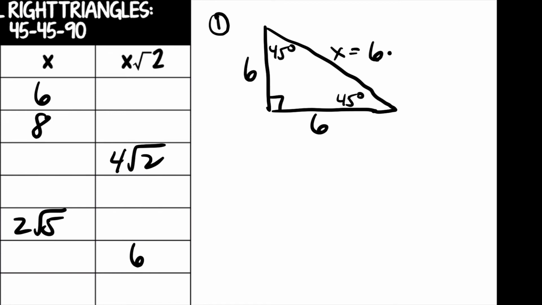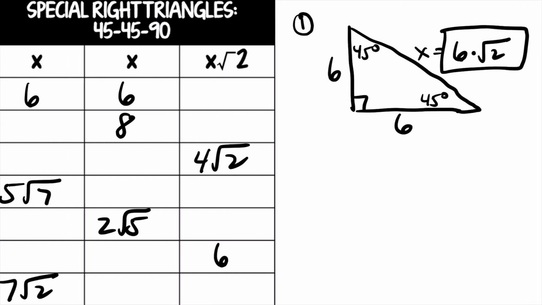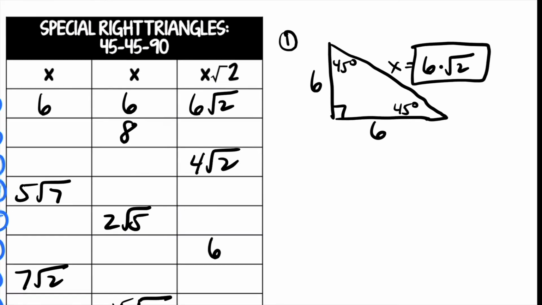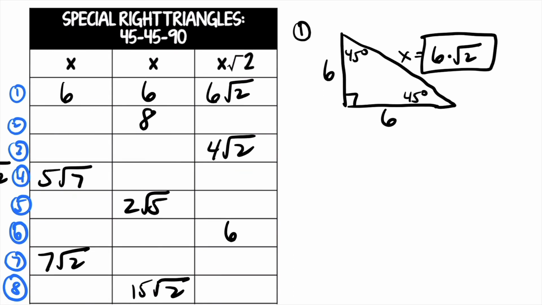I need to multiply that times the square root of 2. That's what it said to do. So we've talked about this before. Can I multiply the 6 and the 2 to make square root of 12? No. So if I can't do that, I'm done. So the hypotenuse is 6 times the square root of 2.